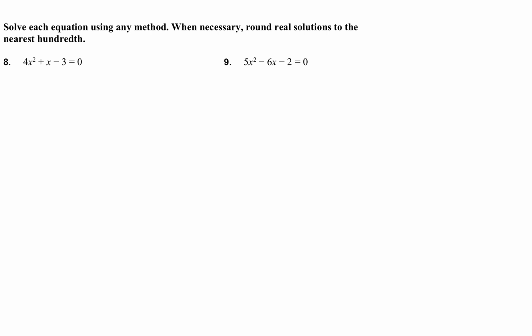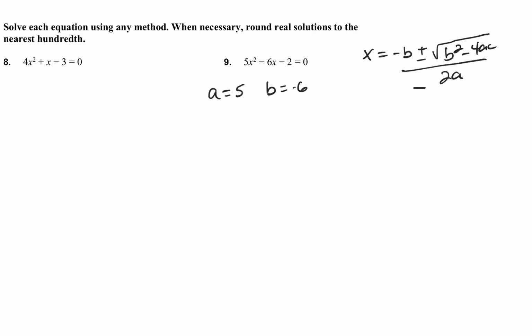We're going to solve this using any method. So I'll use the quadratic formula. x equals negative b plus or minus square root of b squared minus 4ac divided by 2a. A is 5, b is negative 6, and c is negative 2. And all you have to do is substitute.